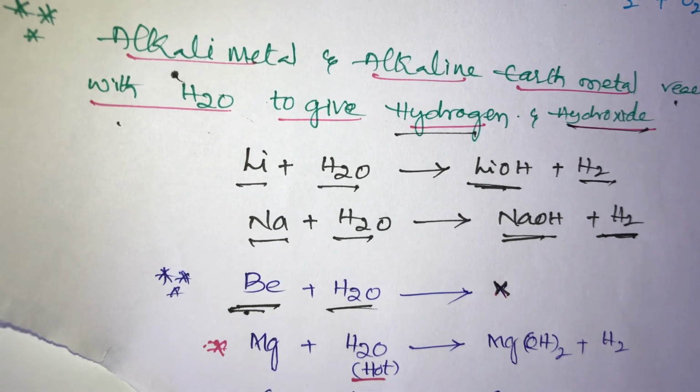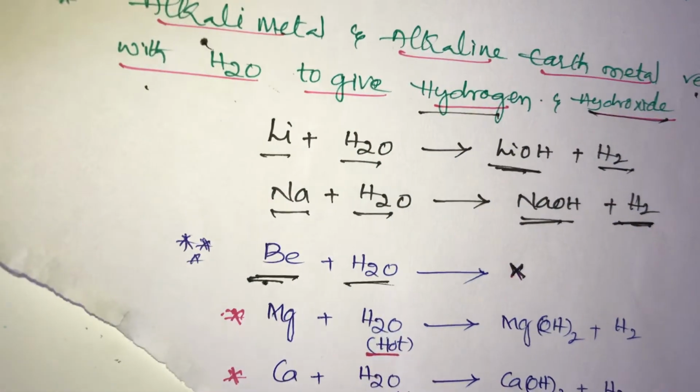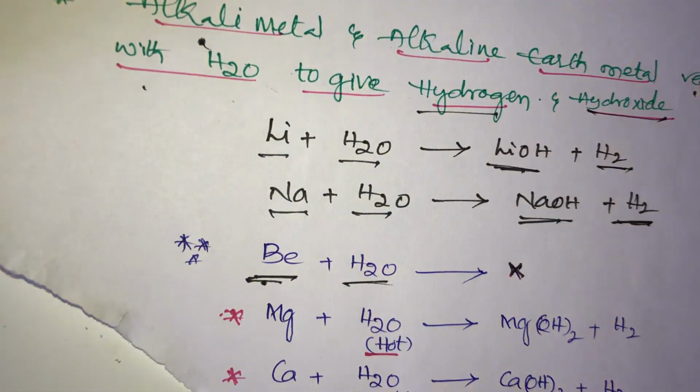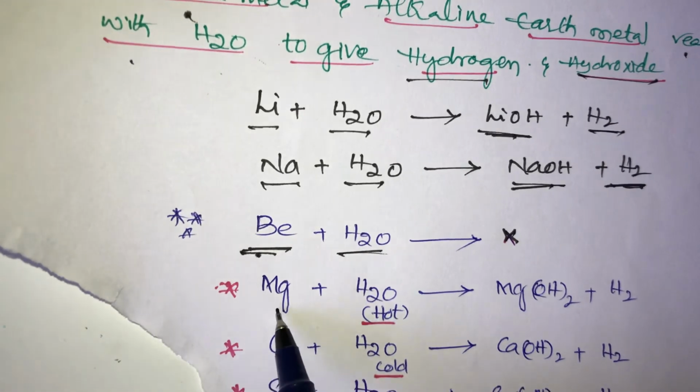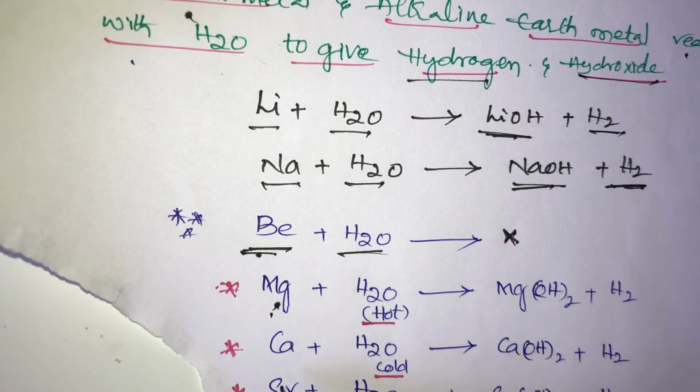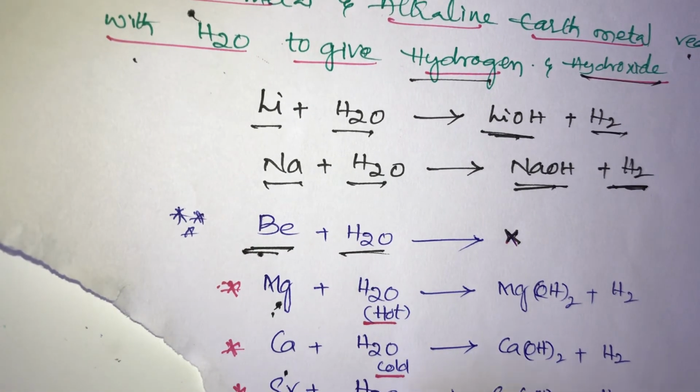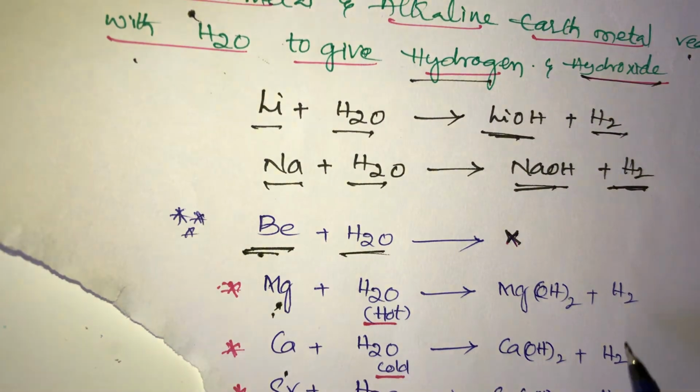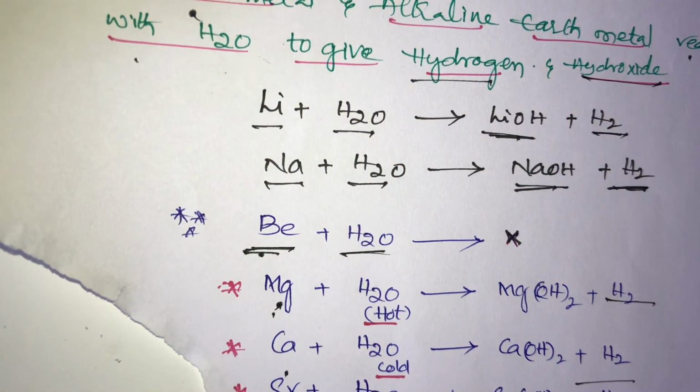In alkaline earth metals, beryllium does not react with water, whereas the remaining elements like magnesium, calcium, strontium, barium react with water to form magnesium hydroxide, calcium hydroxide, strontium hydroxide, barium hydroxide and hydrogen gas. It is also very important.